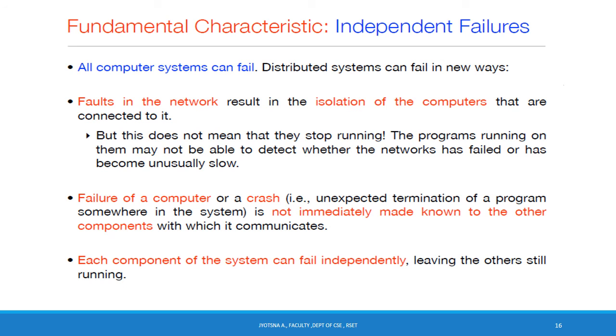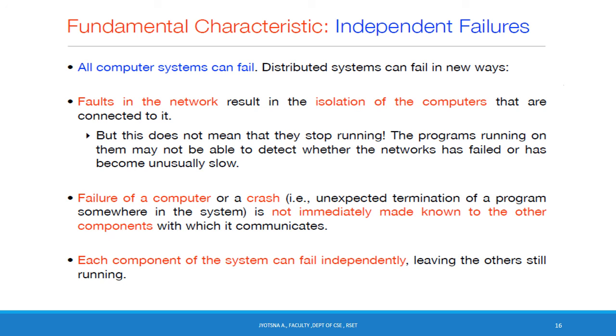The distributed system has three fundamental characteristics, and the last one is independent failures. All computer systems can fail. Distributed systems can fail in new ways. Faults in the network result in the isolation of the computers that are connected to it. But this does not mean that they stop running. The programs running on them may not be able to detect whether the network has failed or has become unusually slow.